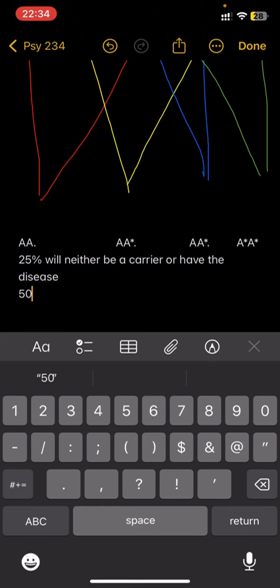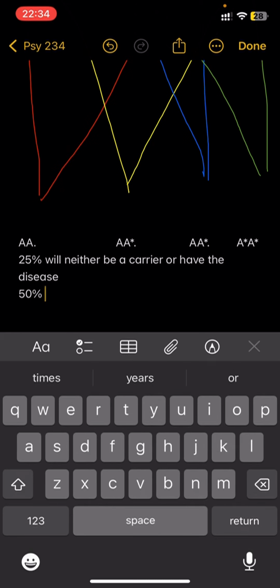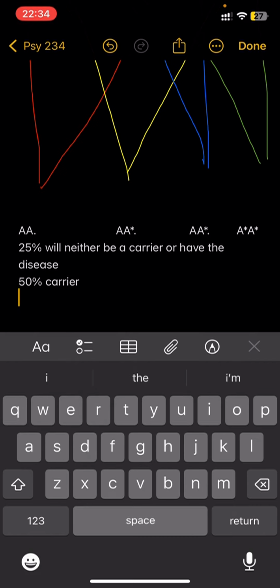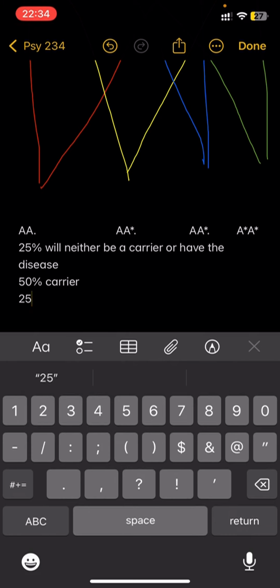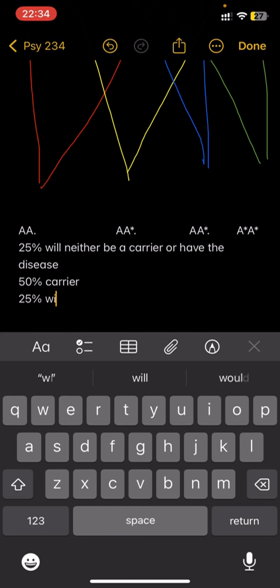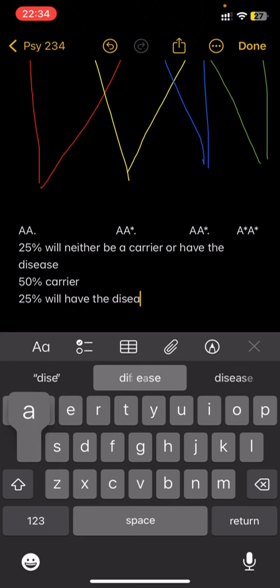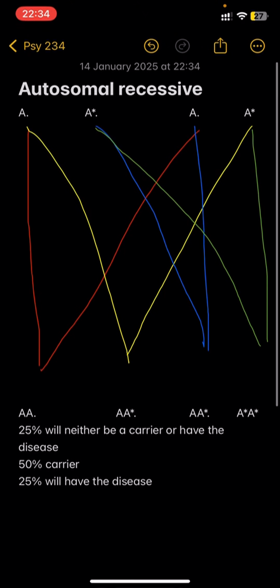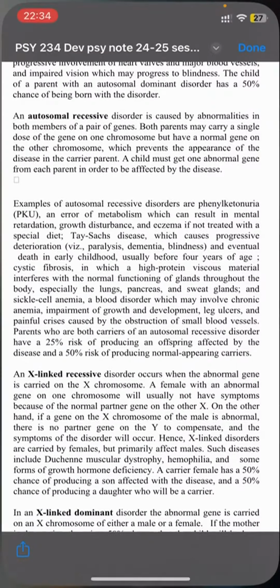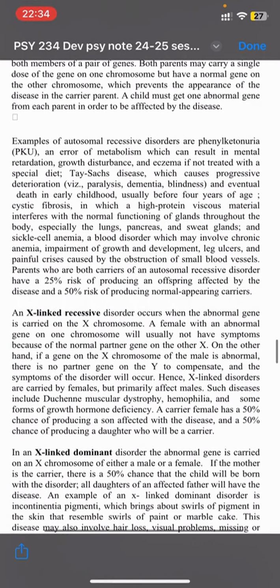Now we can also say, according to the book, 50% will be a carrier of the autosomal recessive disease. Now 50% carrier. I'm just going to write carrier. Now we will know for sure that the other 25%, that means 1 out of every 4 children that she has, will definitely have the disease. I hope this makes any sense at all. And if it doesn't make sense, that's tough.